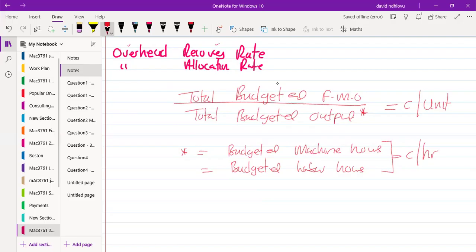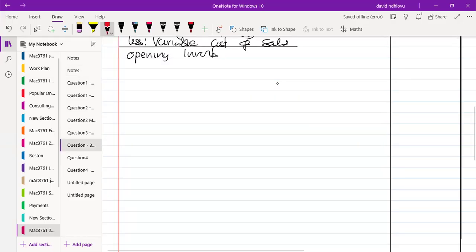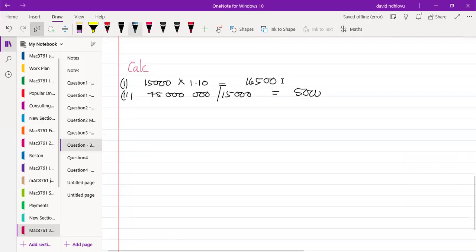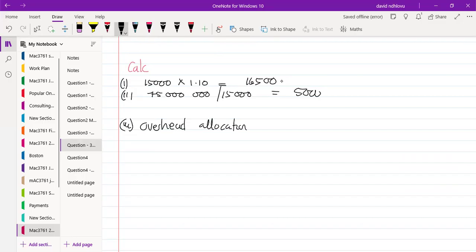Let's go to the question. So what we need to do here, we need to come to the question and say, what is our overhead allocation rate? Because what would have been included in our opening inventory in terms of the fixed manufacturing overhead rate would have been the ORR.